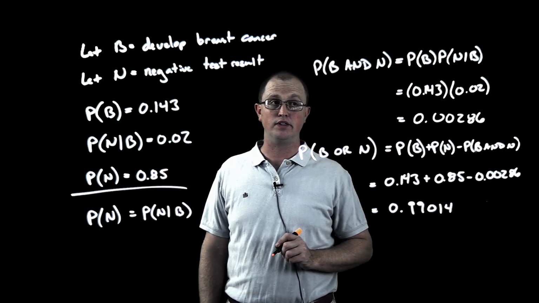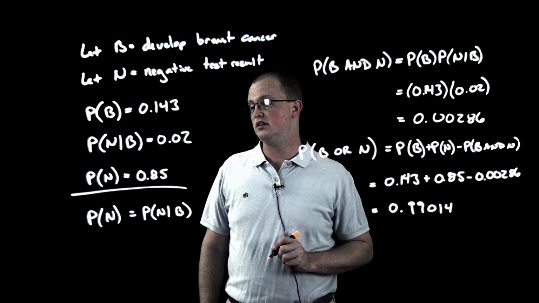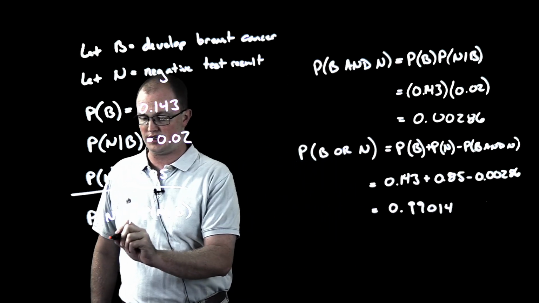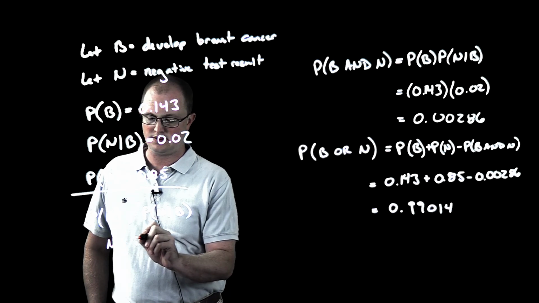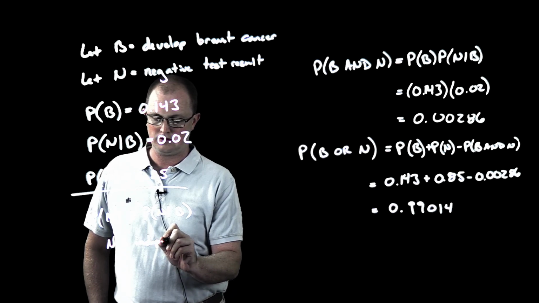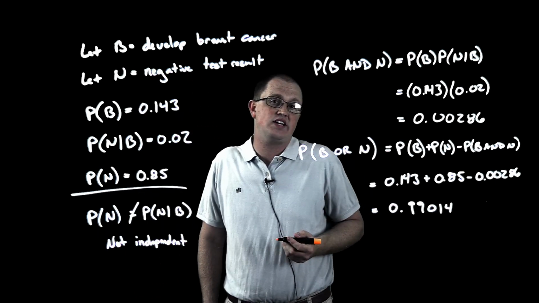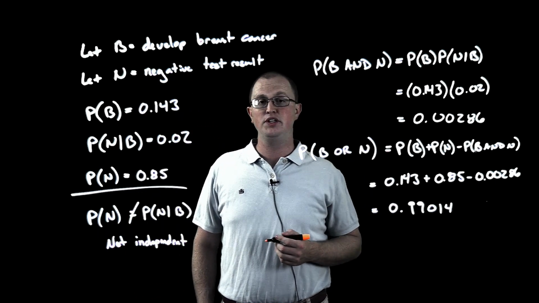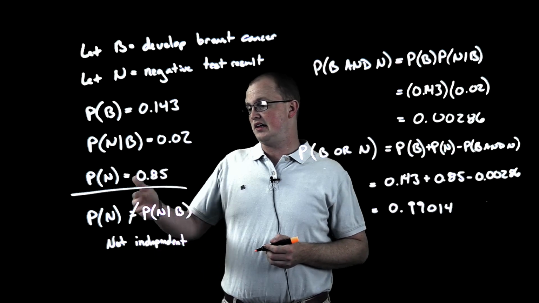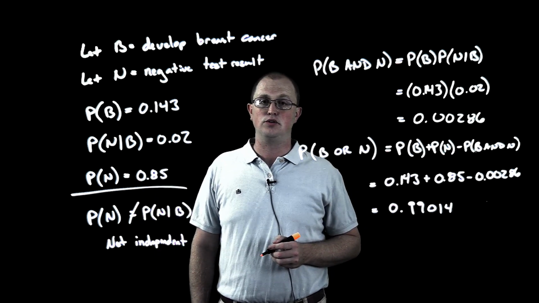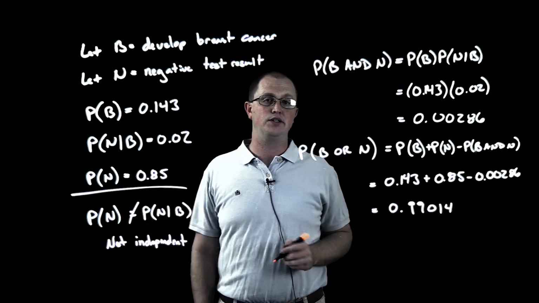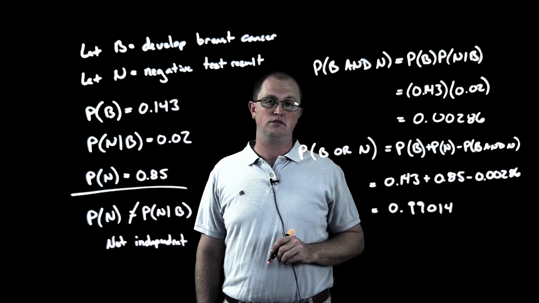These are very different, right? So this is not equal, so these are not independent. And that's exactly what you would want. You would be concerned if your likelihood of getting a negative test result was completely independent of whether or not you were going to develop breast cancer, right?